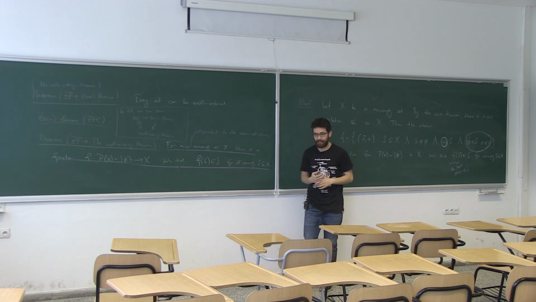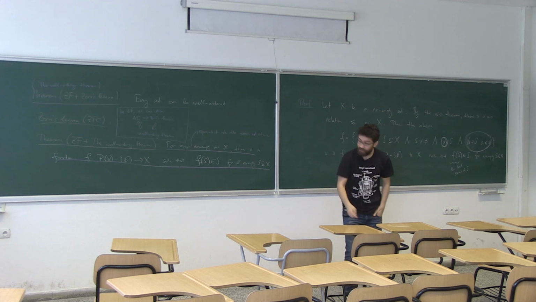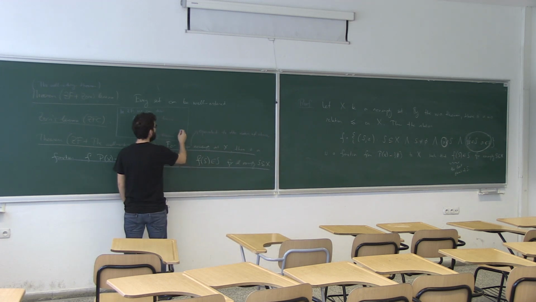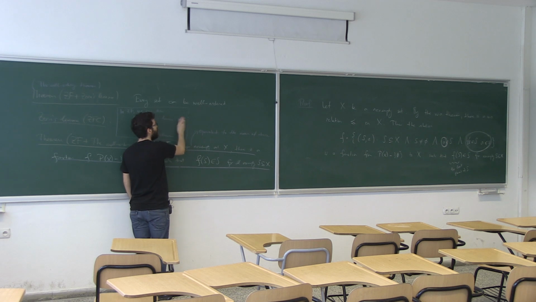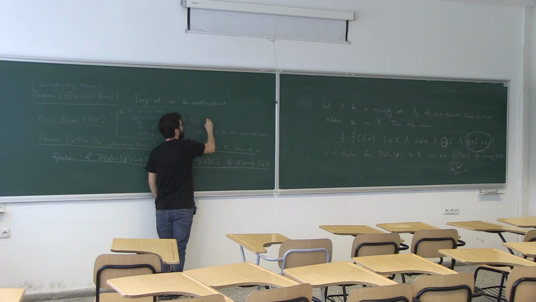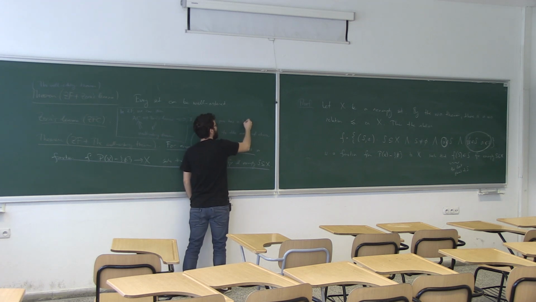It has many applications. Indeed, let me tell you something really cool. I just told you that, assuming the axiom of choice, you can prove that every vector space has a basis, right?